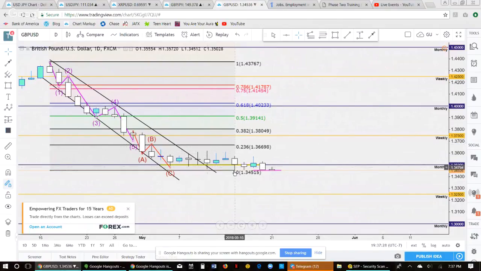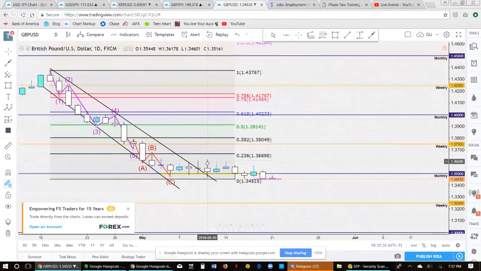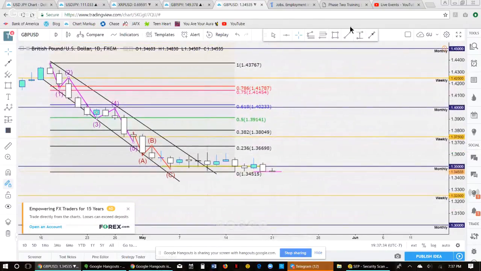So we're in this pip zone that we just can't seem to get out of. It's kind of cool to me at one point, but at the same time, it's just like, well, gosh. So that's our pip range that we're looking at.